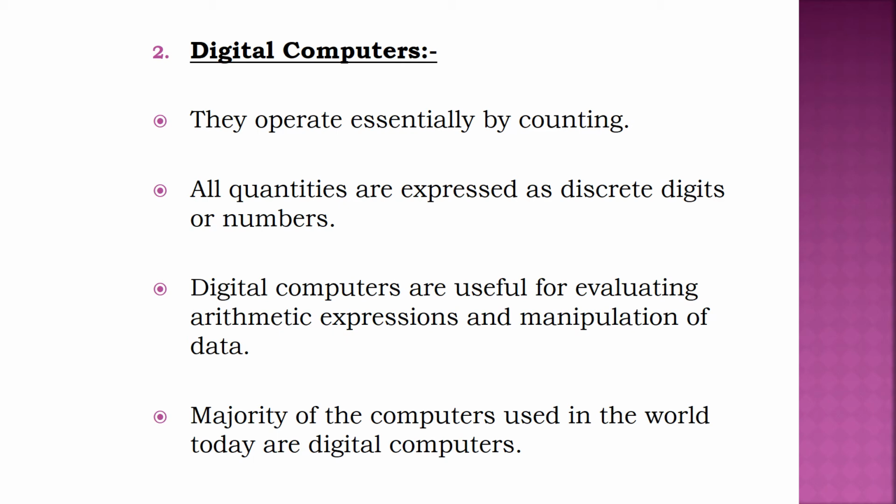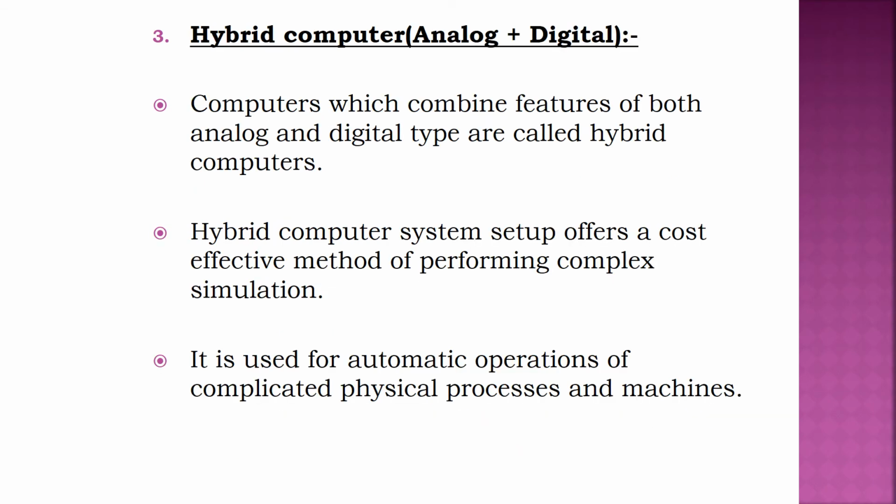We'll see the third type, based on principle of operation, that is nothing but the hybrid computers. A hybrid computer is a combination of computers capable of accepting input and output in both digital and analog signals.